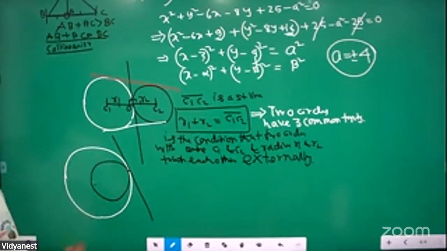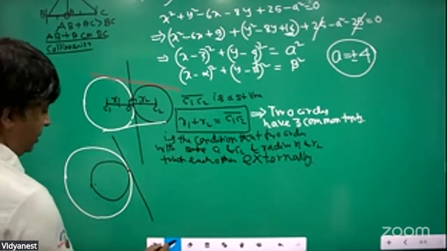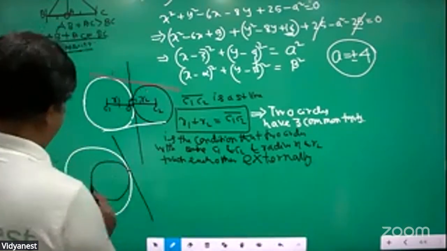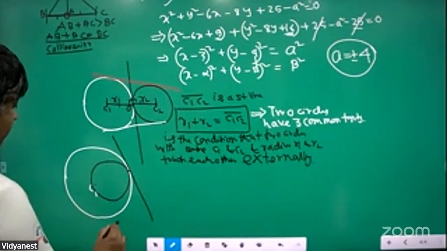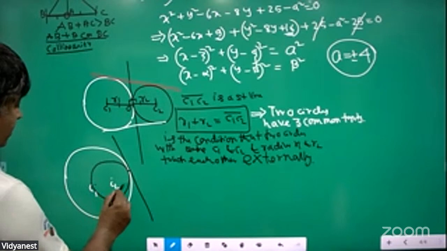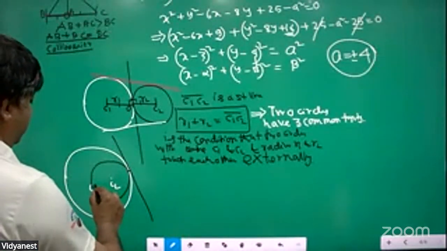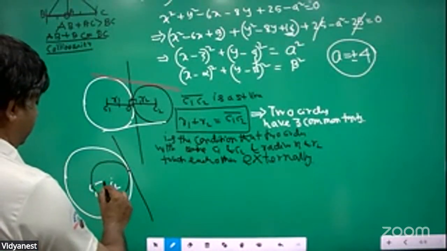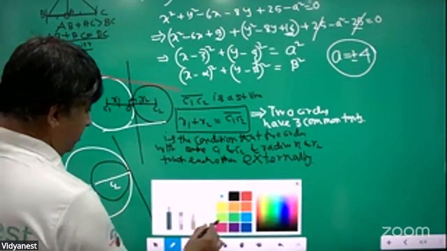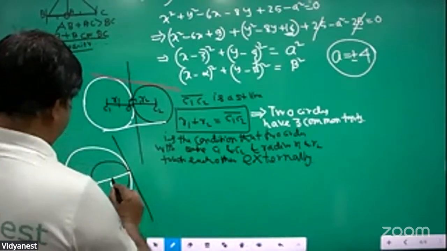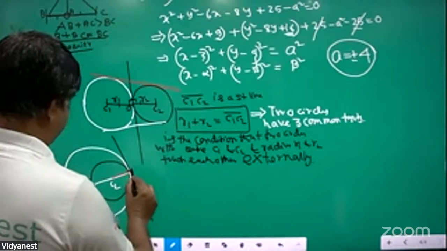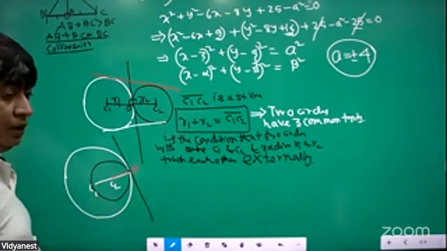So, C1 is the center of the bigger circle. C2 is the center of the smaller circle. And P is the point of contact.